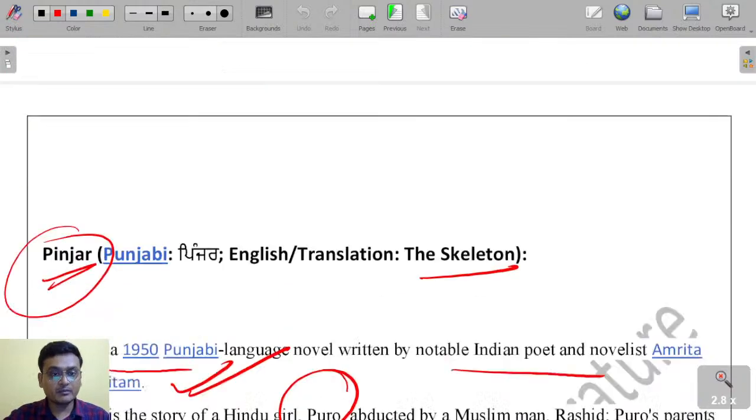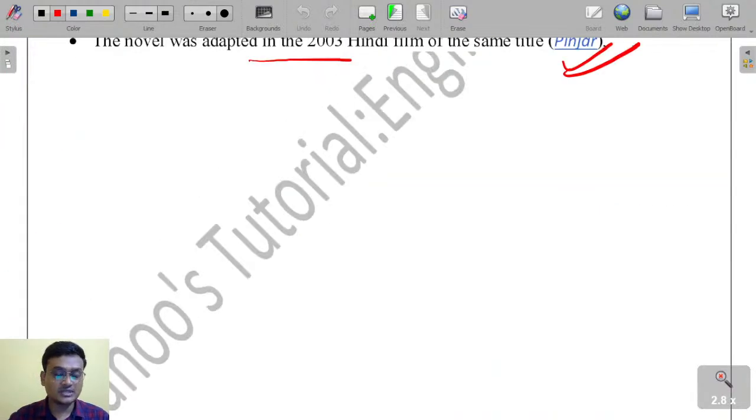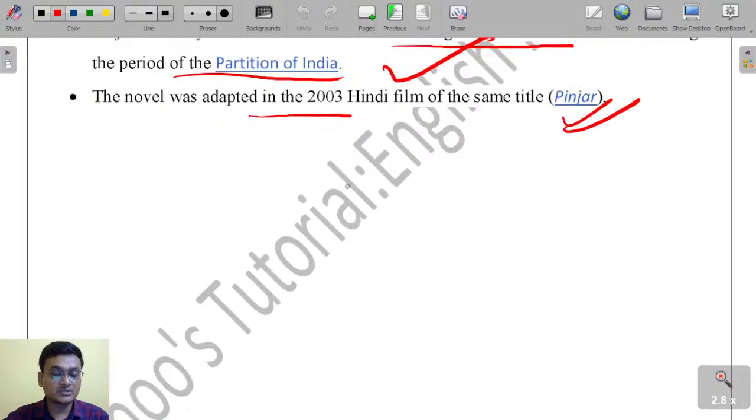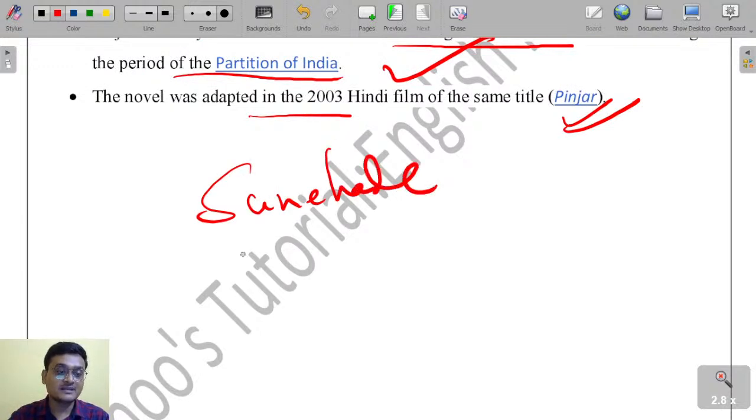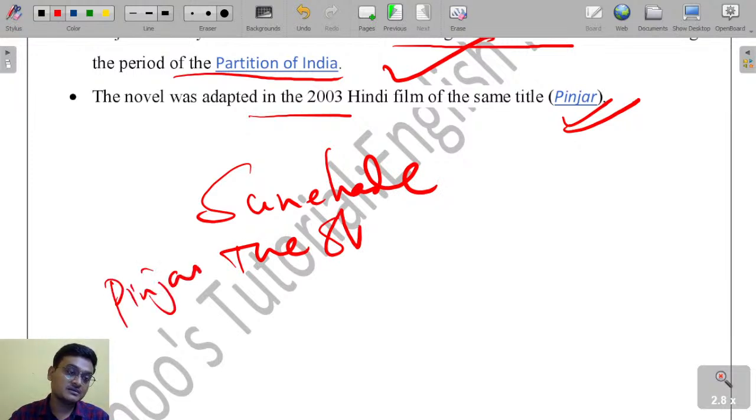Okay. So these were important works of Amrita Pritam, which are important from the perspective of the UGC English Literature exam. So I've covered the important works. The first important work you have is Sunehade. Then you have the skeleton, Pinjar, the novel.